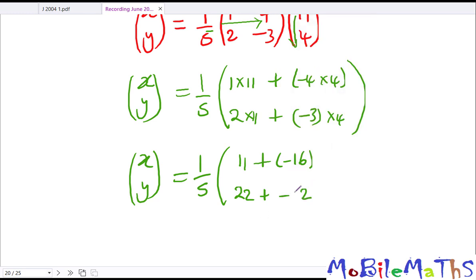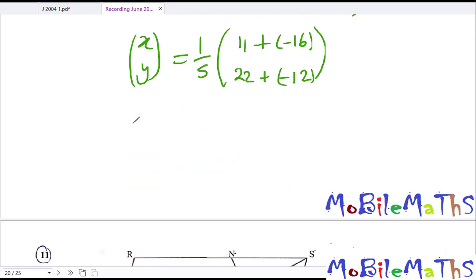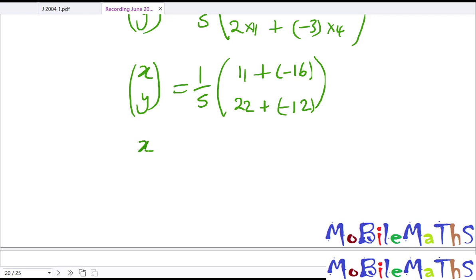Okay, so this is what we have now. Simplifying it, I will have x, y equal to 1 over 5, and 11 plus minus 16, that's 11 minus 16, we get a minus 5. 22 plus minus 12, that's 22 minus 12, we get a 10.